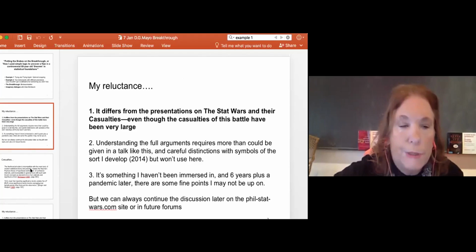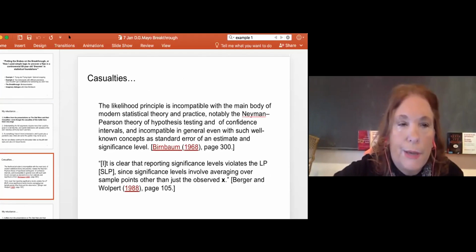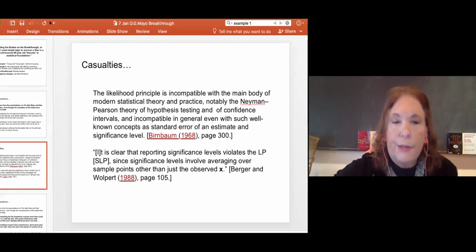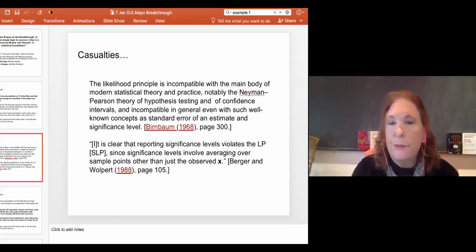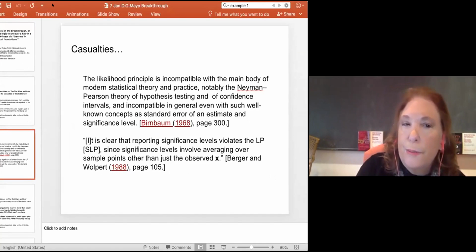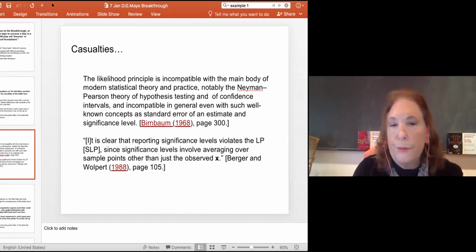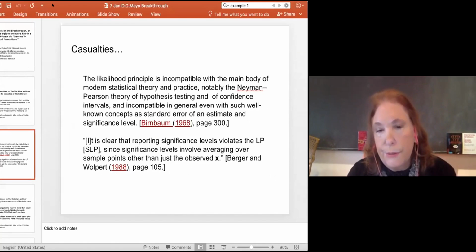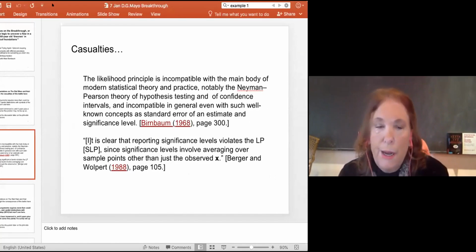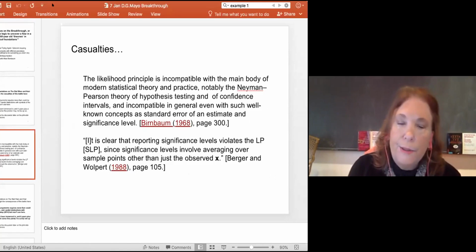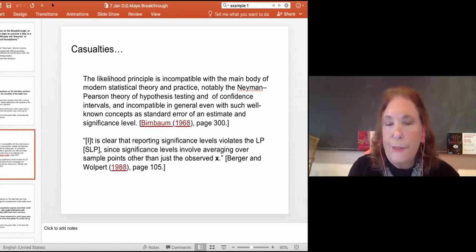So here is the casualties that I started out with, that the likelihood principle is incompatible with the main body of modern theory. And so you don't have to go to exotic examples. And I think part of the problem with this is because with some of these, there are choices.